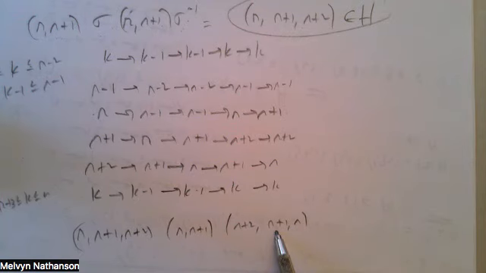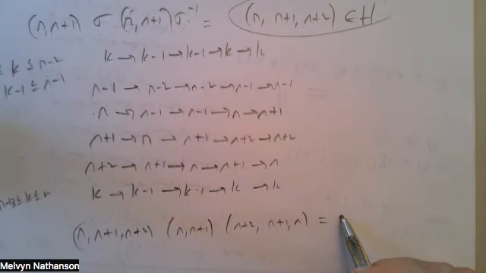R goes to R plus 1, goes to R plus 1. Double check. R plus 1, R plus 2, R plus 2, R plus 1, R plus 1. This sends R to R plus 2, R plus 2 to R plus 2, R plus 2 back to R, so R doesn't move.